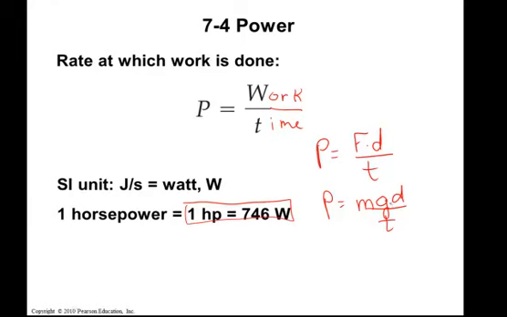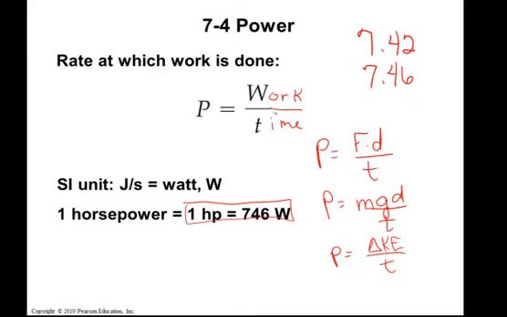But all of those are work. It could also be your change in kinetic energy, since that's also work, divided by time. And you have 7.42 on your assignment, and the other one is 7.46. Both of those are dealing with this equation where you're looking at power.